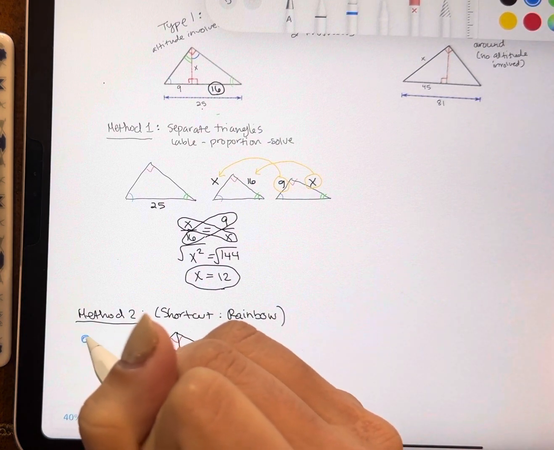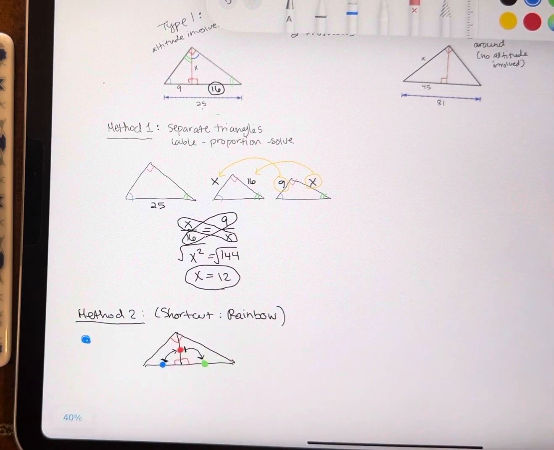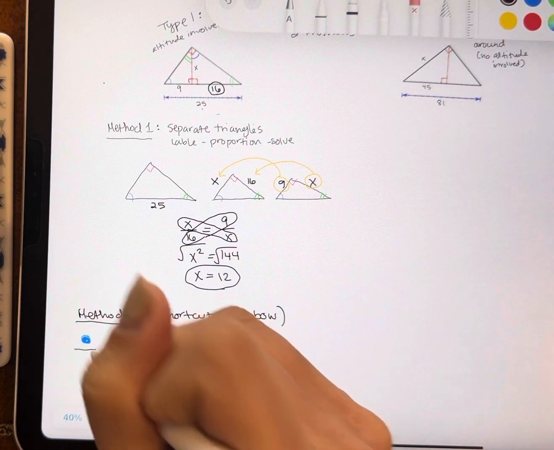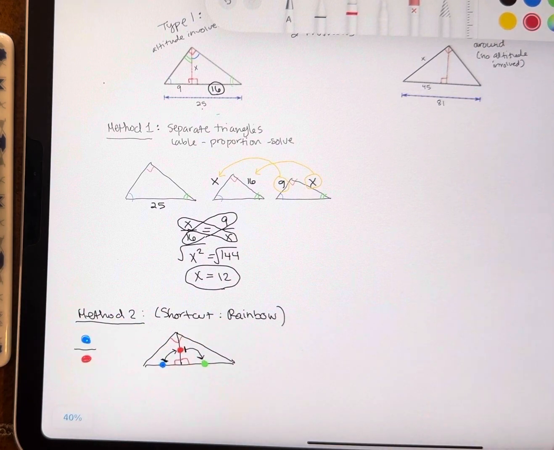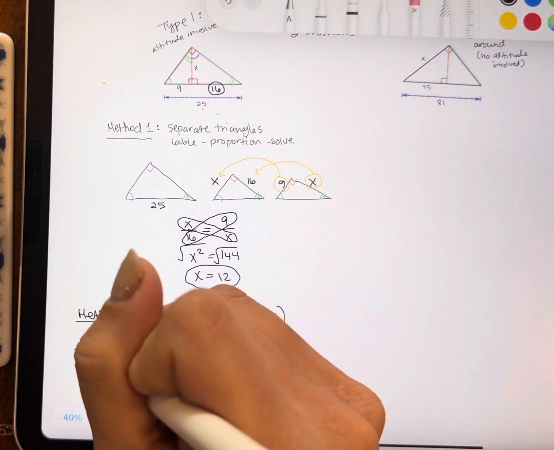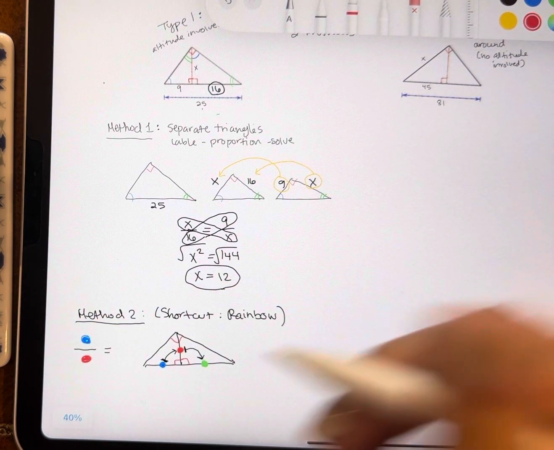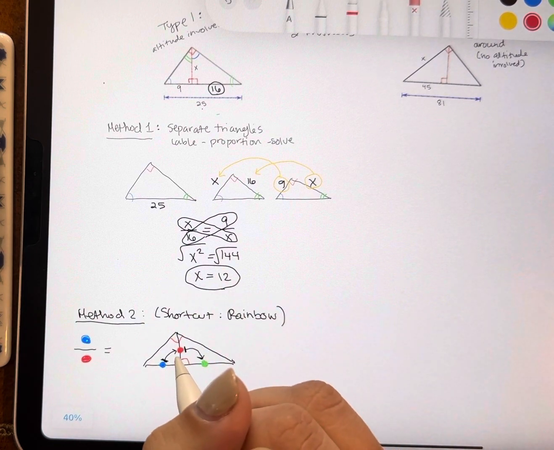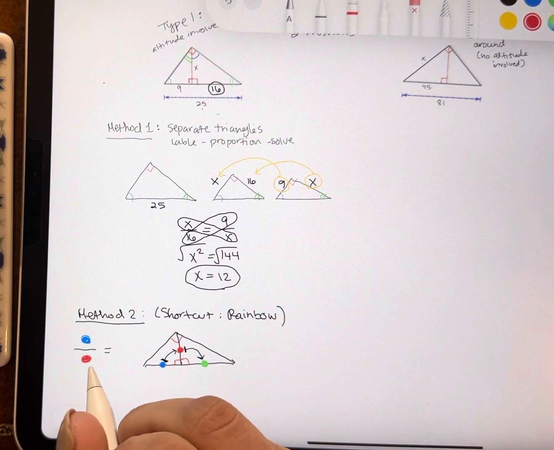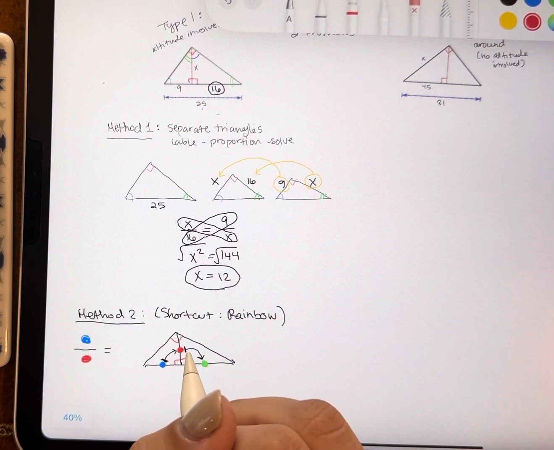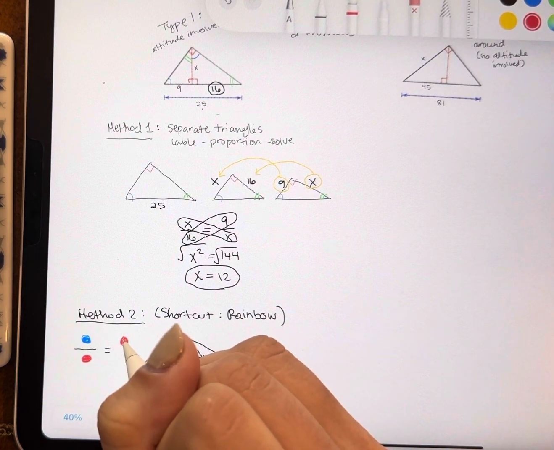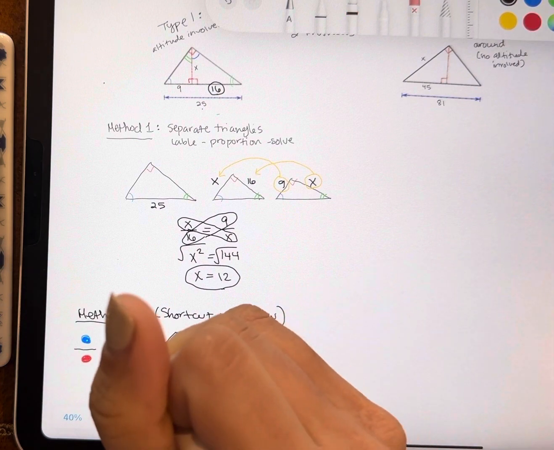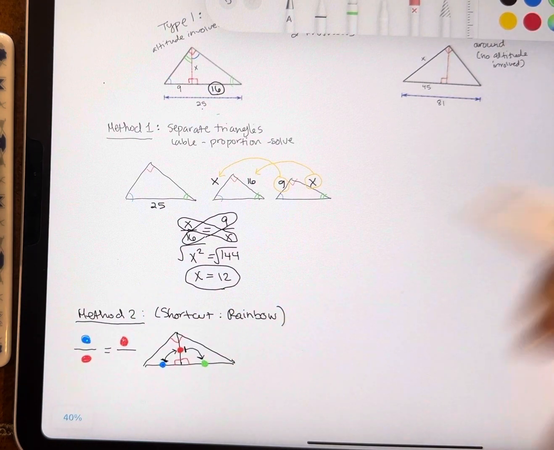It'll be the blue side that I kind of colored over the red side equals the red side again. So you see there's an arrow going to the red side, which makes it the bottom of this ratio, but there's also a line starting at it. So it's also the top of this ratio over the green.